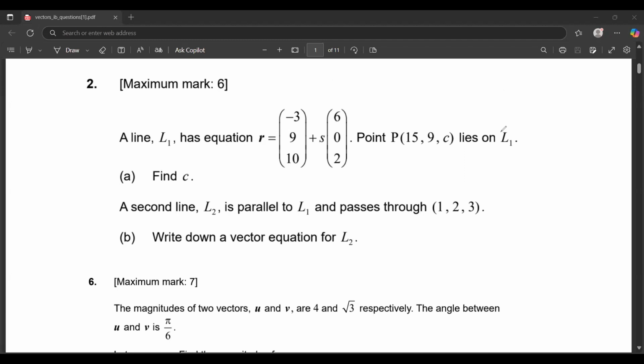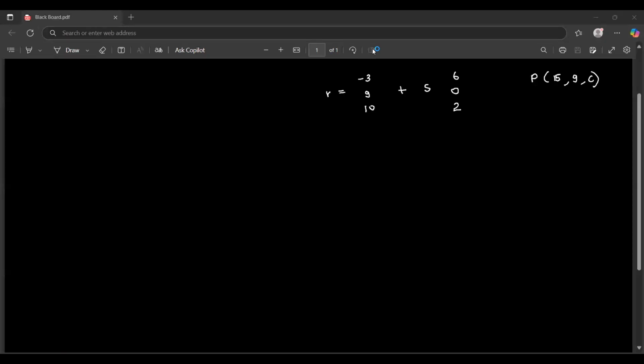We have to find c. Very easy. Let's try to solve this. So this is the vector equation of the line L1, so you can say L1 is given by this specific equation. And we know P is (15, 9, c).